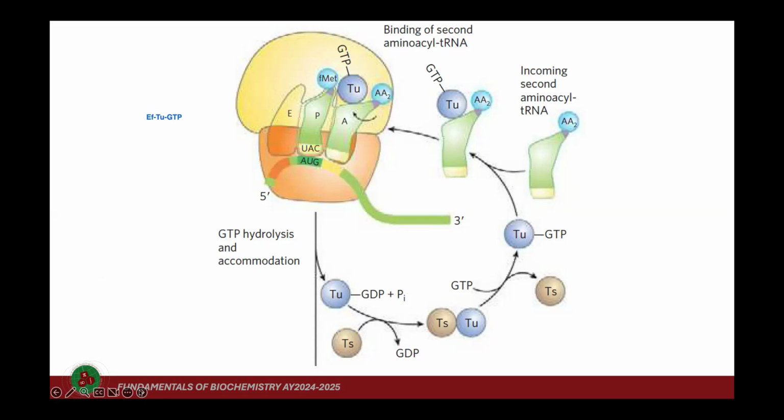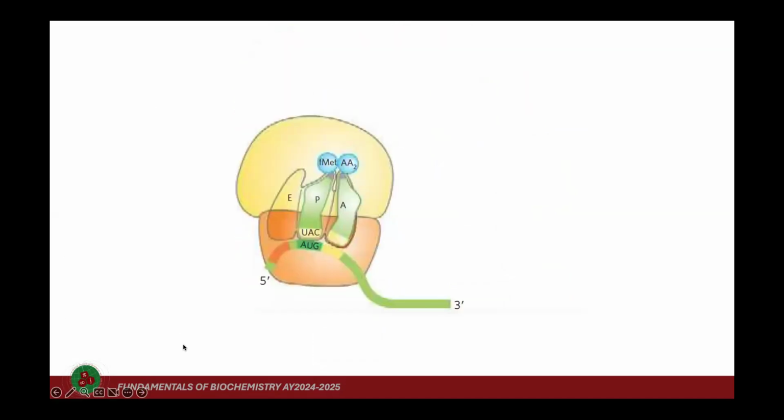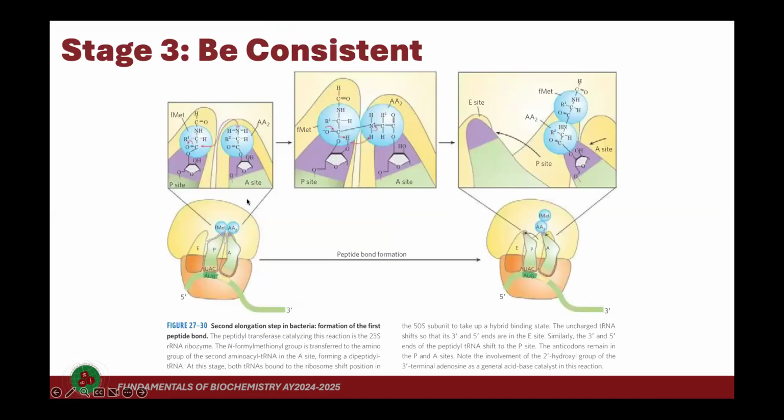Once you have the second amino acid there, then the synthesis takes place. Remember, the synthesis is catalyzed by the RNA of the ribosome. Okay? So now we have the two amino acids there close to each other.